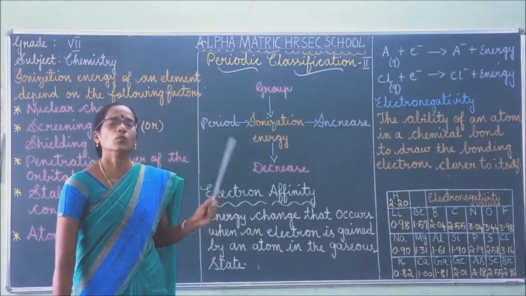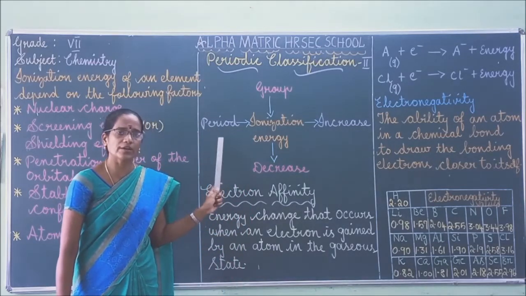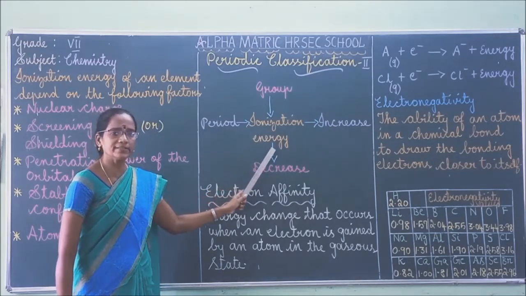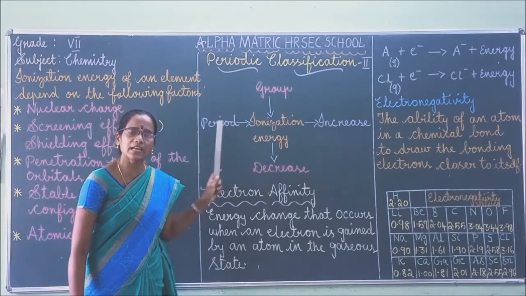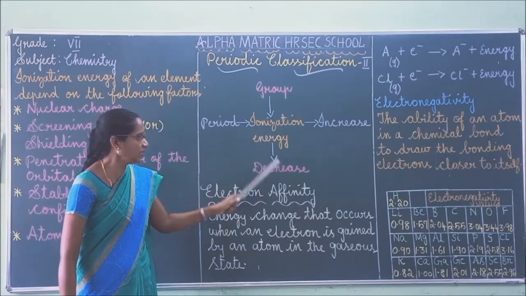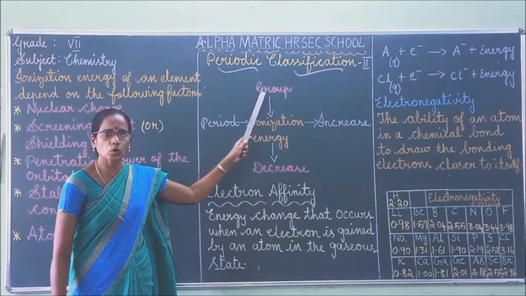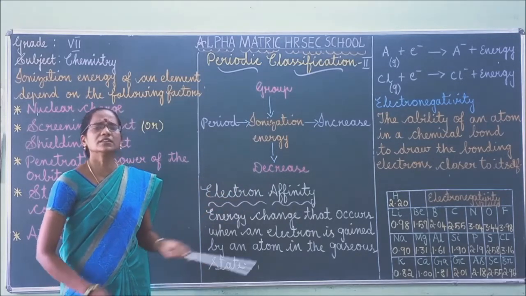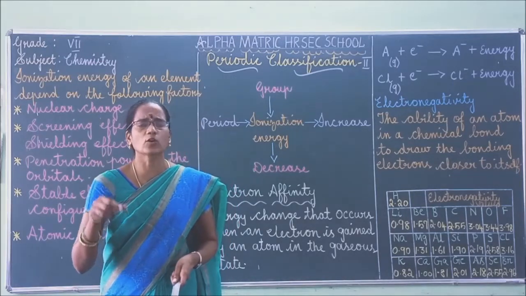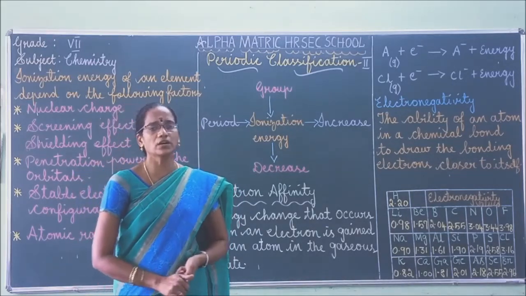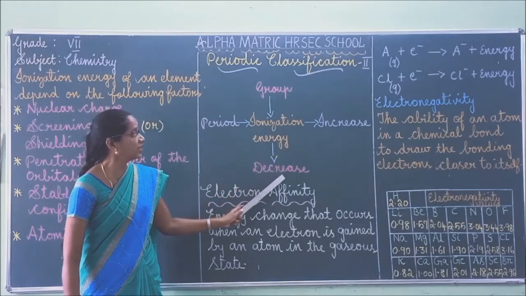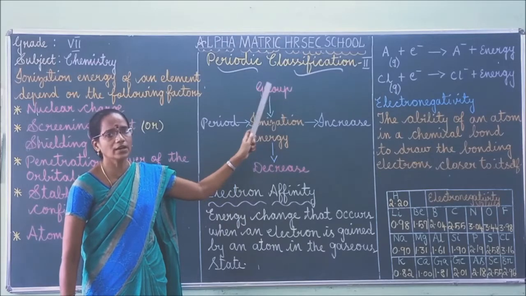That is why ionization energy increases along the period, whereas ionization energy decreases in a group. Why? Because here the valence electrons are loosely bound, so they require less energy for removal. That is why ionization energy decreases down the group.